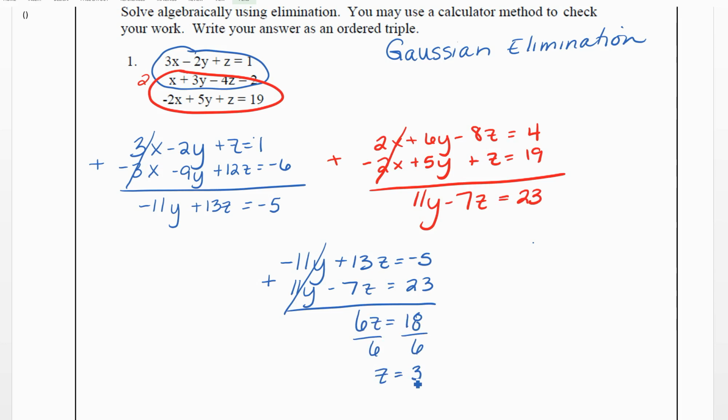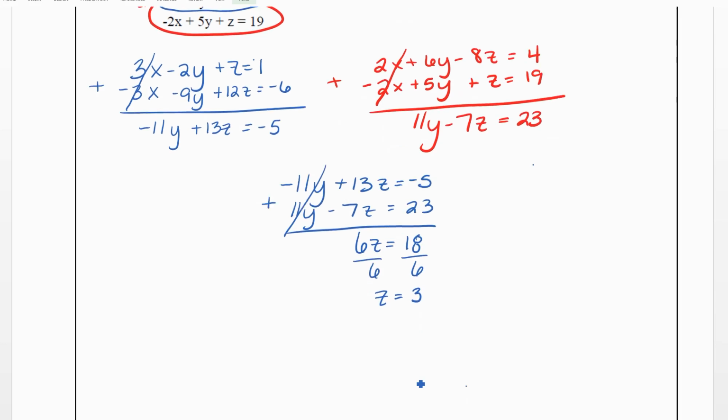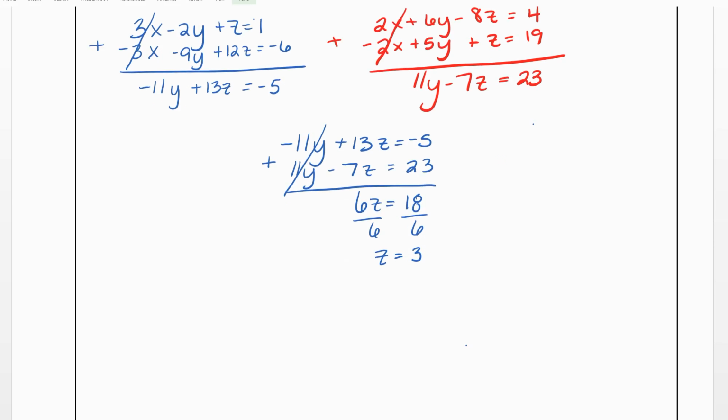Now, to find our other 2 variables, we're just going to work our way up. We have z equals 3. We're going to plug that into our 2 variable equation to get what y is equal to. So we can do -11y plus 13 times 3 is equal to -5.